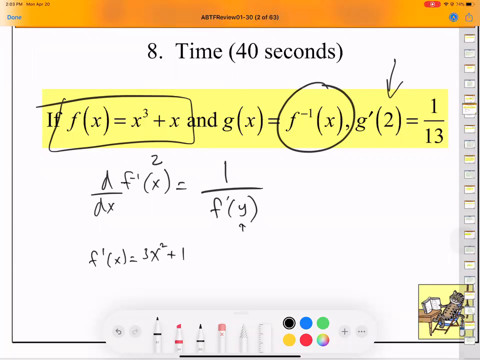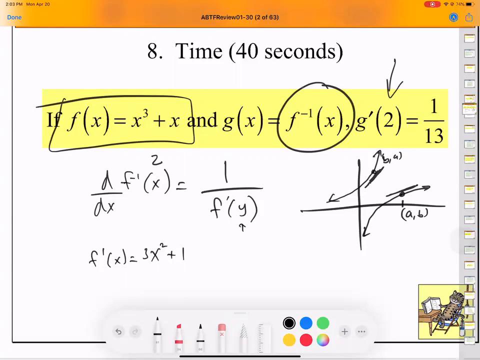Was it 2? Let's draw the graph real quick. If this is my graph, the inverse graph looks like this. If I point, let's call this a comma b, this derivative looks just like the derivative at b comma a, except the reciprocal.